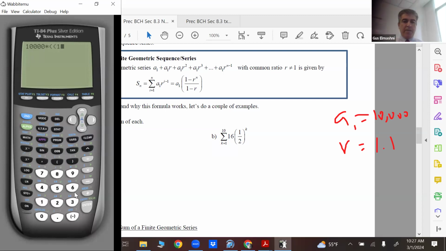So we would do 1 minus 1.1 raised to the 40th power divided by 1 minus 1.1. How much money is that, guys? That's $4.4 million at age 65. Just by putting in 10 grand a year, starting at age 25.